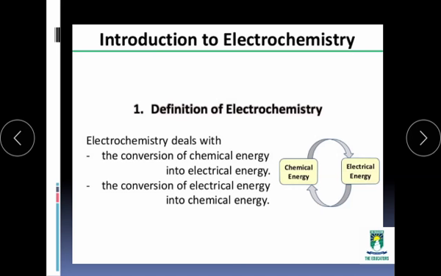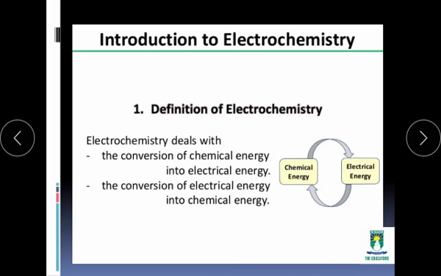A redox reaction either takes place spontaneously and produces electricity, or electricity is used to drive non-spontaneous reactions. Spontaneous reactions take place on their own without any external agent. On the other hand, non-spontaneous reactions take place in the presence of an external agent.